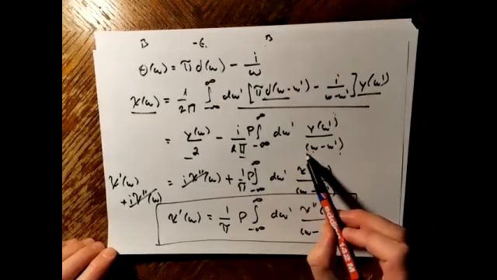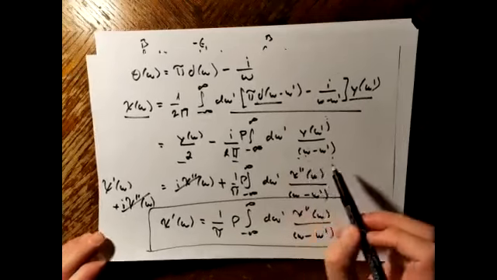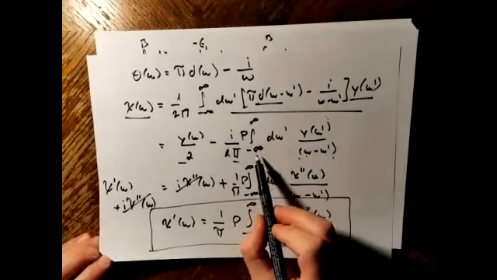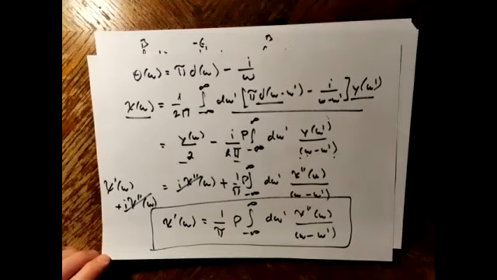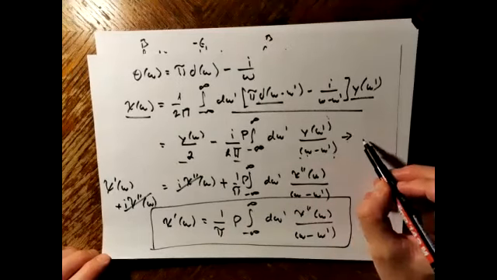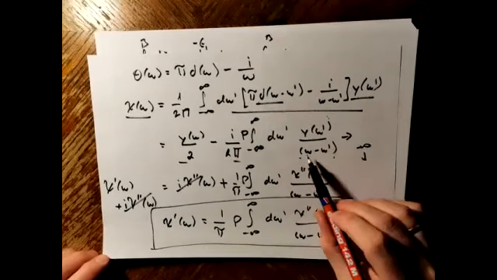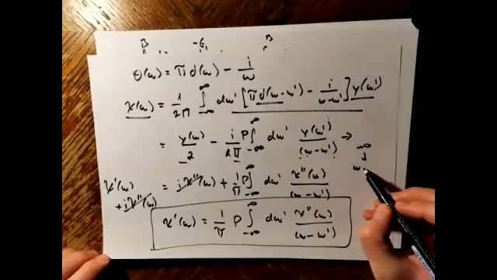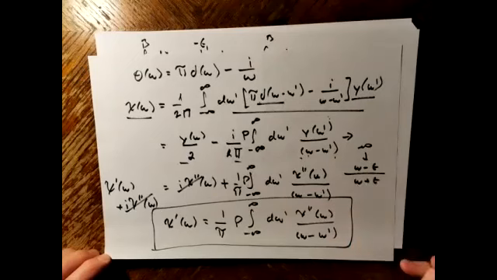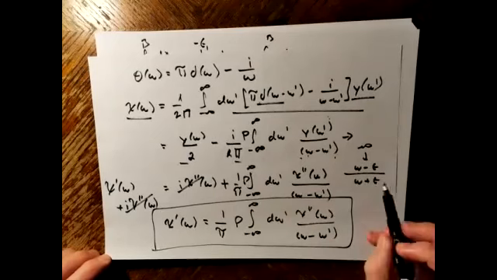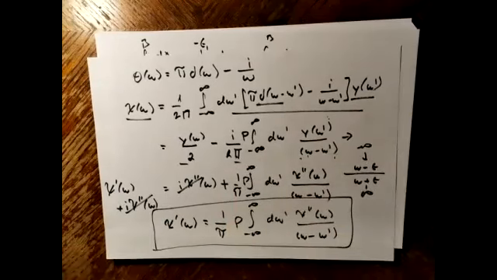But for the parts close to the singularity, before and after it, the integral has to go from minus infinity to omega minus epsilon, where the singularity is at omega. Then the integral continues from omega plus epsilon. These epsilons have to be the same and go to zero. That is what we mean by the principal part of the integral.